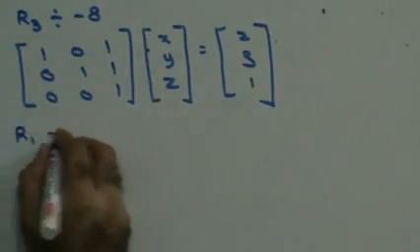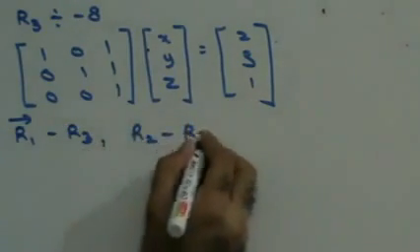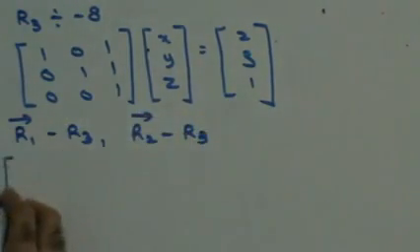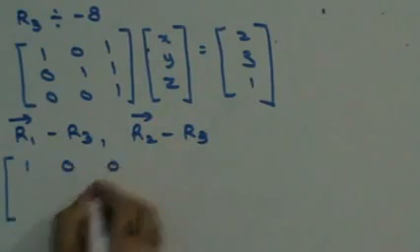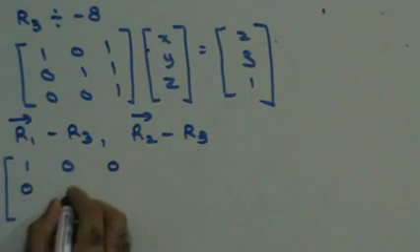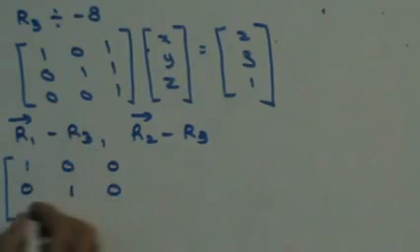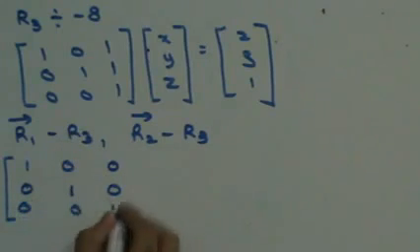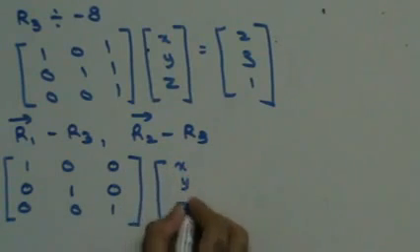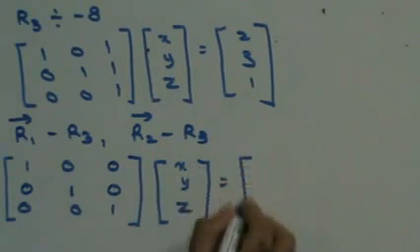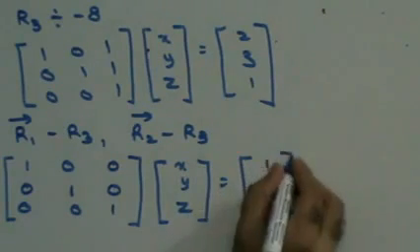So this will be R1 minus R3 and R2 minus R3. So you will get 1, 0, 0; 0, 1, 0; 0, 0, 1; X, Y, Z is 2 minus 1, 3 minus 1, 1.